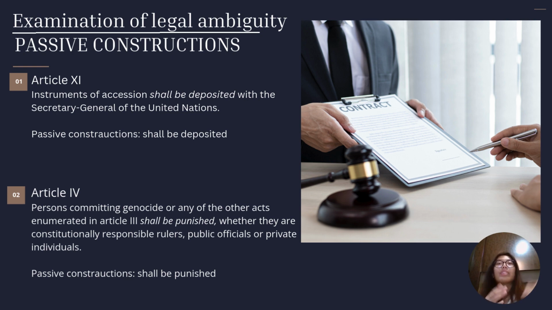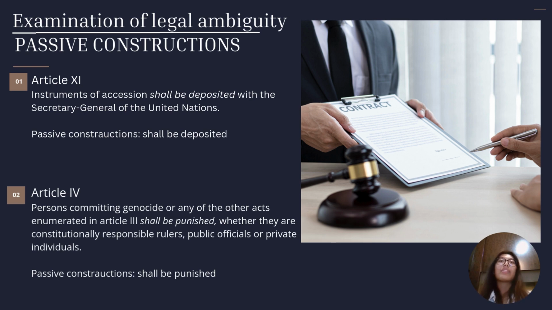So the first example is from Article 11. Instrument of accusation shall be deposited with the Secretary General of the United Nations. The passive construction here is reflected in "shall be deposited," which in legal language denotes an obligatory act, a common legal requirement that expresses obligation or necessity.